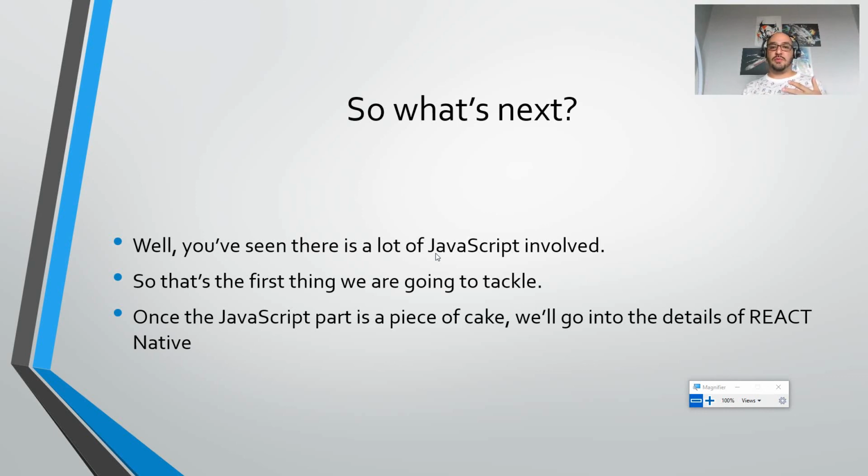We're going to be talking about functions, how functions work, what self-invoked functions are, what promises are, what asynchronous is, what await is. All the nuances, ups and downs, and bells and whistles that JavaScript has.